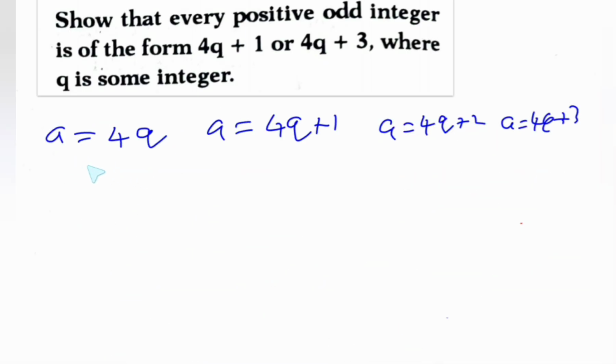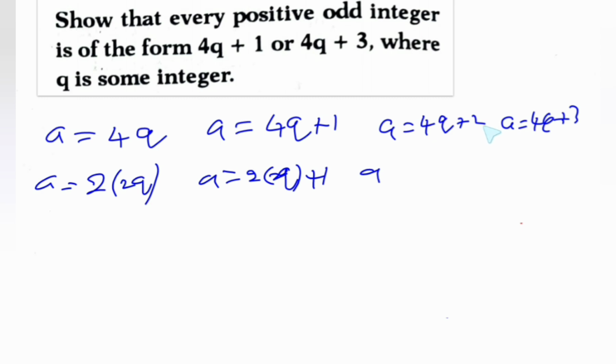Now observe here: a equal to 4q means a equal to 2 into 2q, and a equal to 4q plus 1 means 2 into 2q plus 1. Here a equal to 4q plus 2 means 2 into 2q plus 1, and a equal to 4q plus 3 means 2 into 2q plus 1 plus 1.